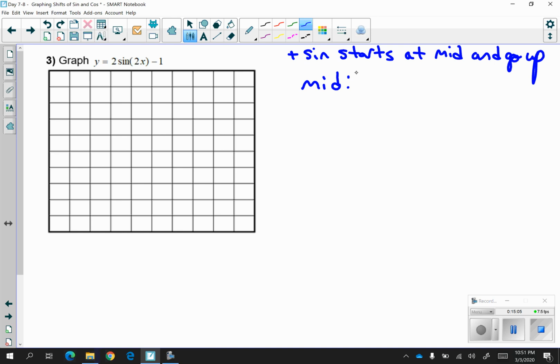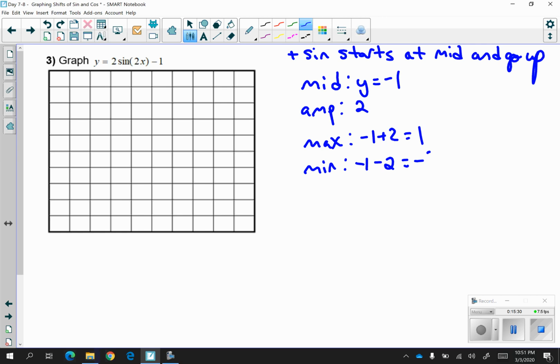Your midline is going to be y equals -1 because you're shifting down and subtracting 1 at the end. Your amplitude is found in front of the sine, which is 2. So your max, if you're starting at -1 and you're going up by 2, you go up to a +1. And if you're starting at -1 and you're going down by 2, you go down to -3.